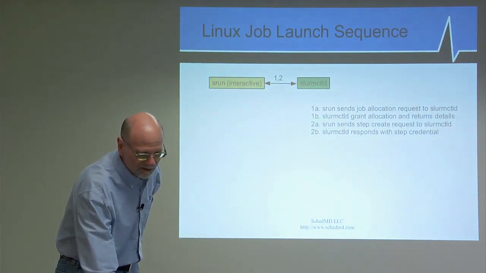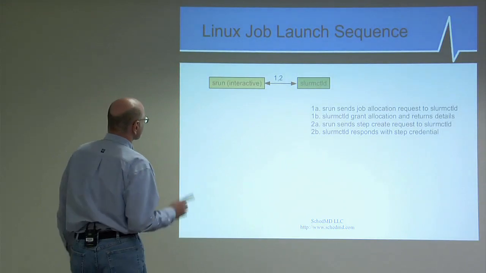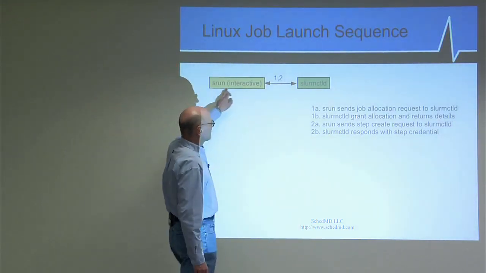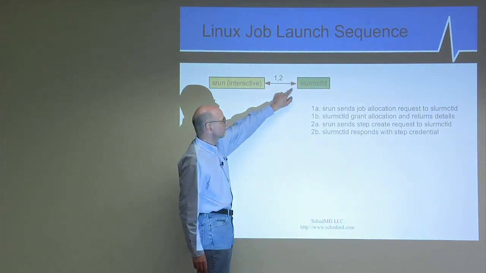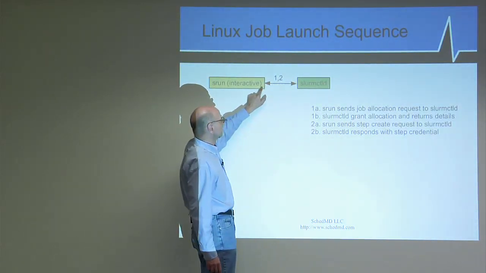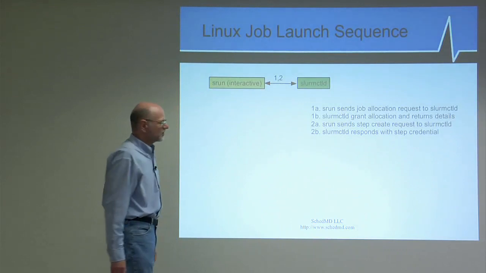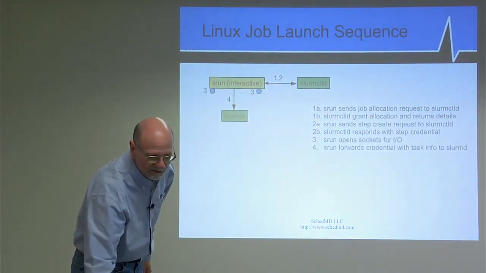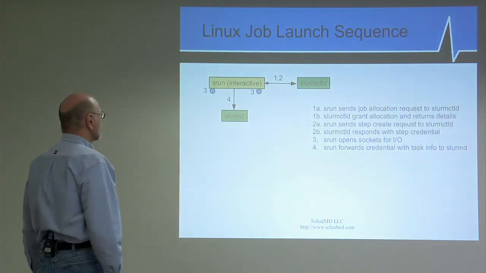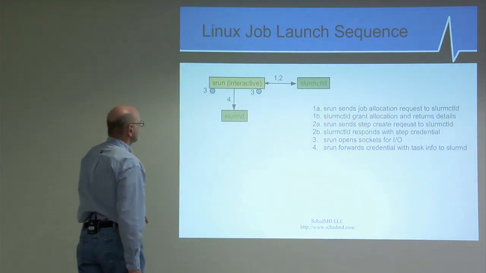Then the next step, that's for the job allocation. For the step, the srun sends a request to launch the step, and the Slurm control daemon would basically instantly respond with the job step credential, which is used by the srun process to launch the tasks.